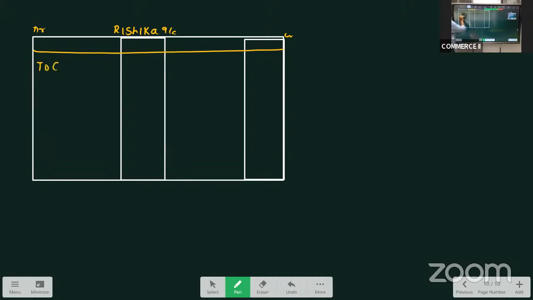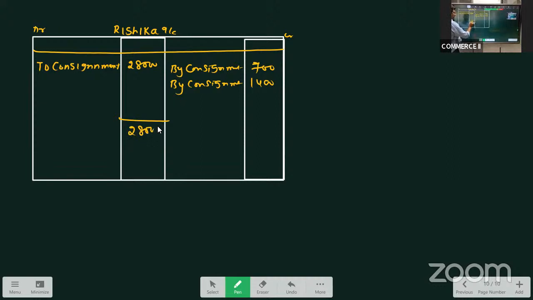To consignment, this entry was there on the credit side of consignment account for sales, 28,000. By consignment, this entry was there on the debit side of consignment for expenses. Again, by consignment, this entry was there on the debit side for commission. Balance it. 28,000 minus 2,100.